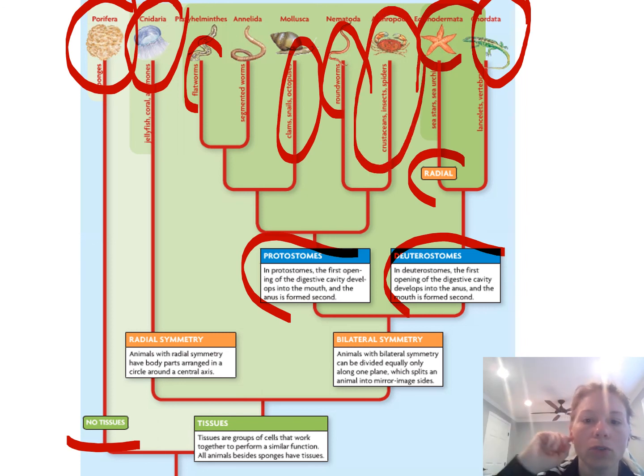This is a huge group. And then you have echinoderms, which includes the sea stars. And last we have chordates. So echinoderms are our closest ancestor because they're also deuterostomes, along with lancelets and other chordates.